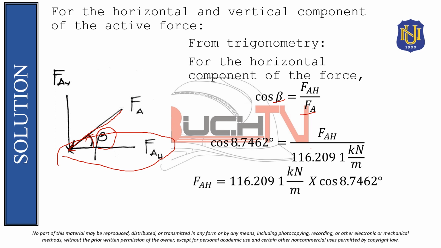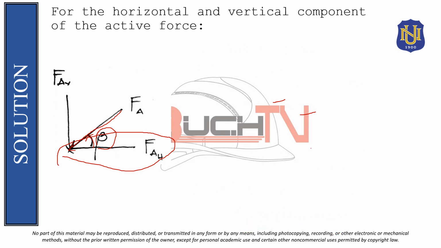So calculating, we will have a horizontal component of the active force equivalent to 114.8578 kilonewton per meter. So still, that is a per meter strip analysis of the retaining wall.